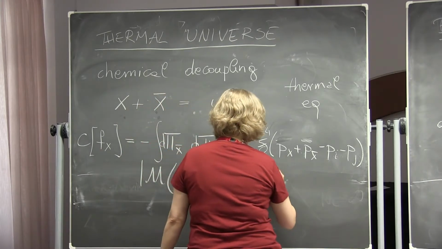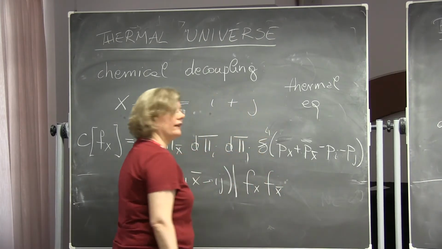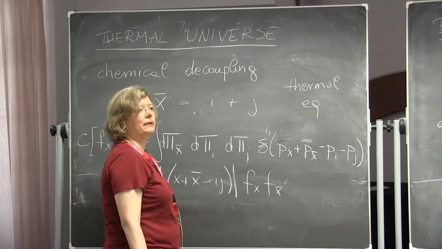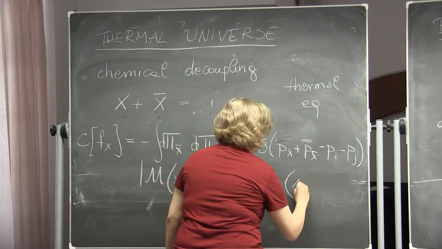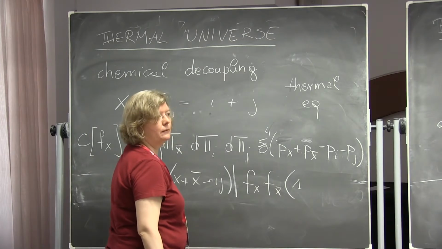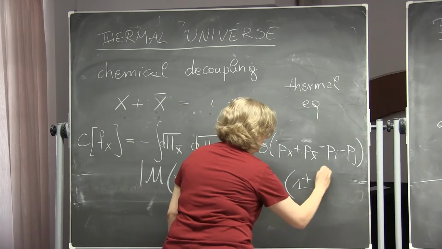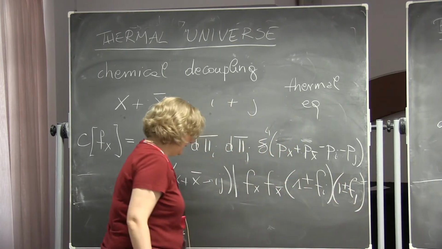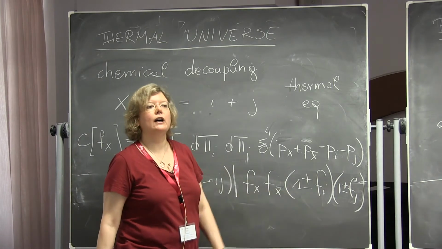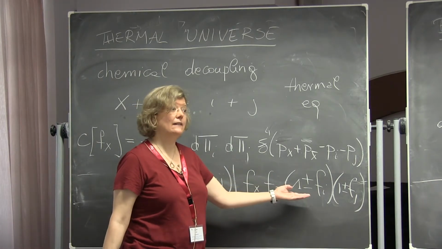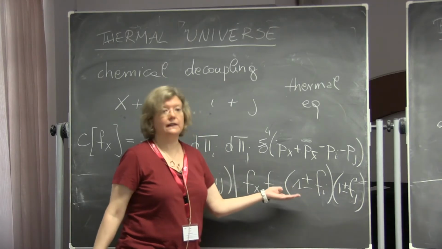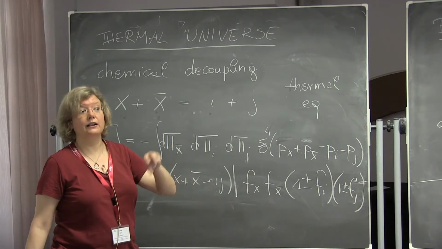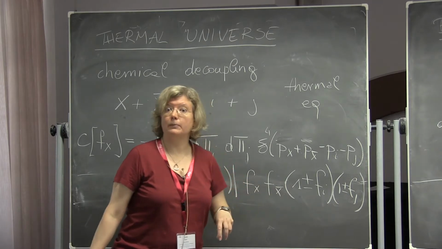So the distribution function of x, the distribution function of x bar, and it could in principle be suppressed or enhanced by the final state distribution functions. Depending on whether the final particles are bosons or fermions, you could expect this factor 1 plus or minus fi fj. Here the plus sign is in the case you have a boson, and then you have an enhancement of the production. If you have a minus sign, it is a fermion, and then you have Pauli blocking, in case you already have a particle in the same element of the phase space.